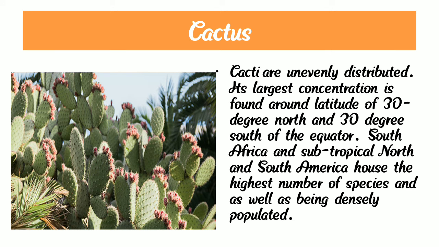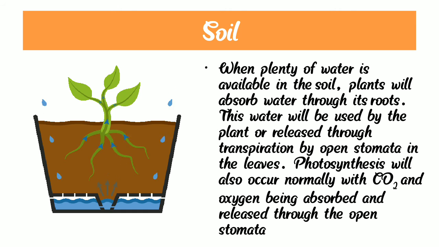Then cactus. Where does the cactus grow? Cactus grows in the desert. Then we learn soil. Plants get water from the soil. Here we can find a photograph of plants, and plants get water from the soil.